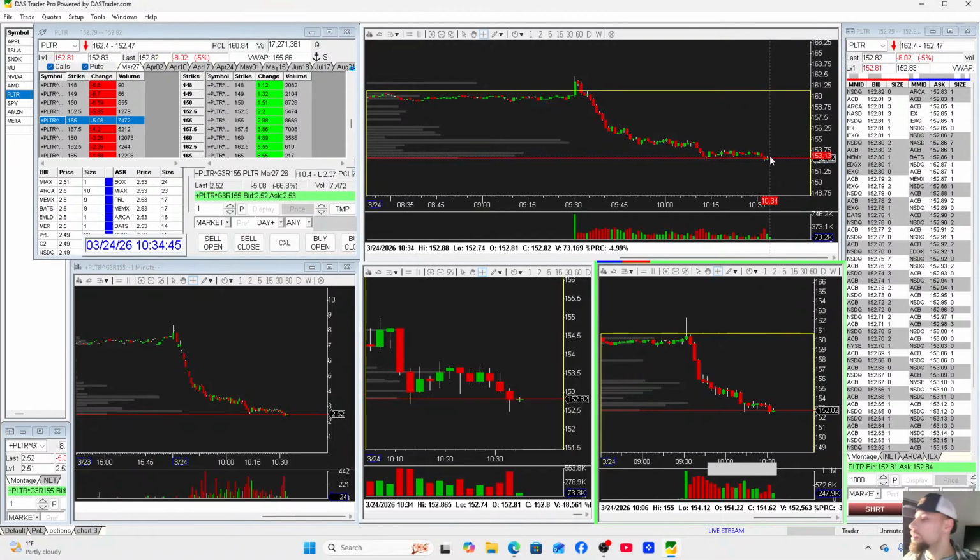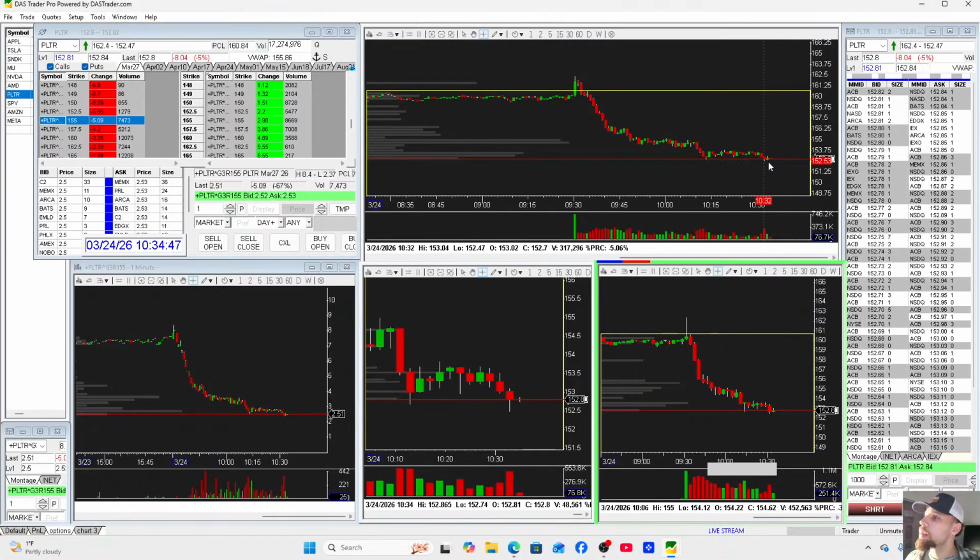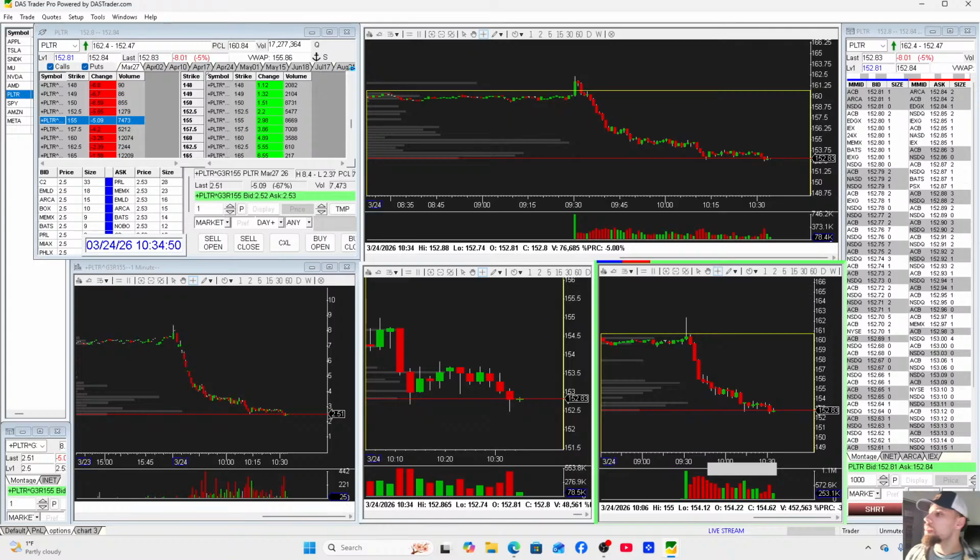It also could just keep trickling down right here. SPY's looking bullish.